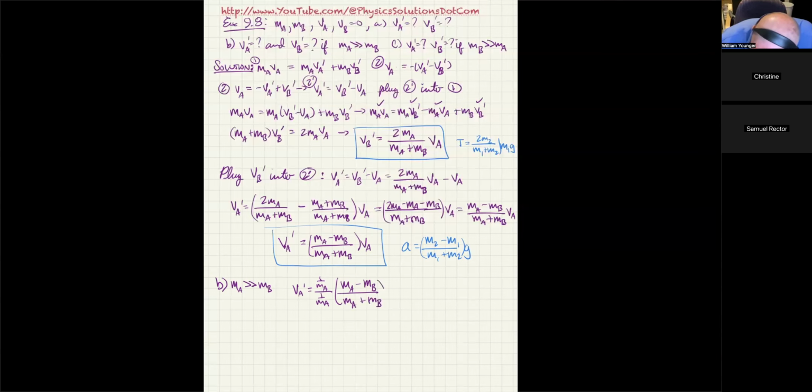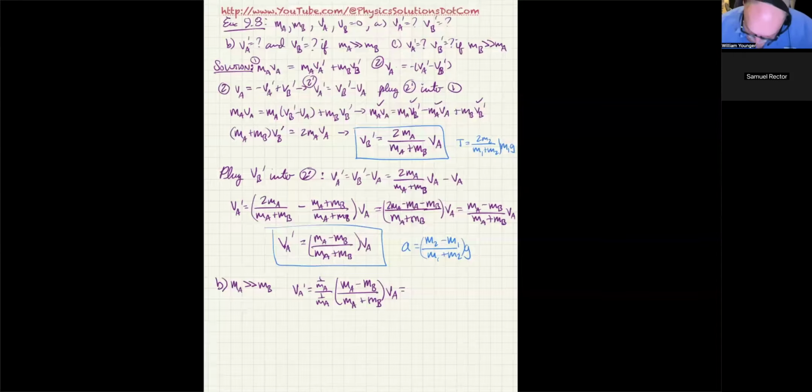So that's why I'm doing it, and that's still times VA. Now you can see that when the 1 over MA hits the MA, I get 1 minus MB over MA. And then when the 1 over MA hits the MA again, I get 1, in this case, plus MB over MA. And then all of that is times VA.